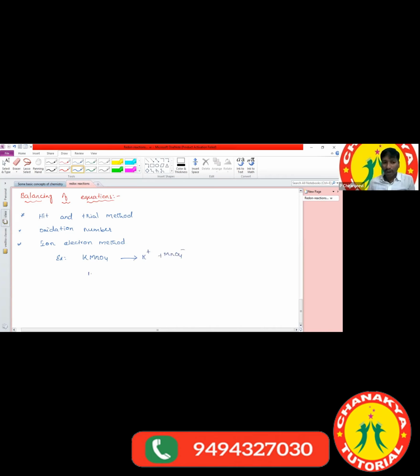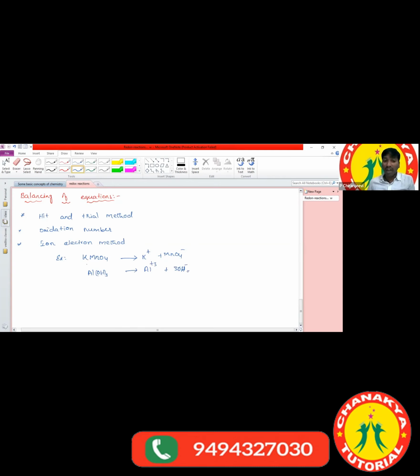For example, aluminum hydroxide, Al(OH)3. What is the ionic equation of this one? Al plus 3 and 3OH minus. So this is the ionic equation.